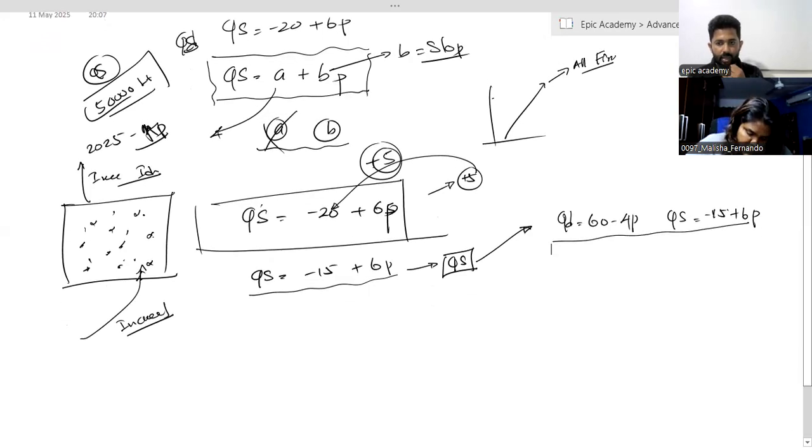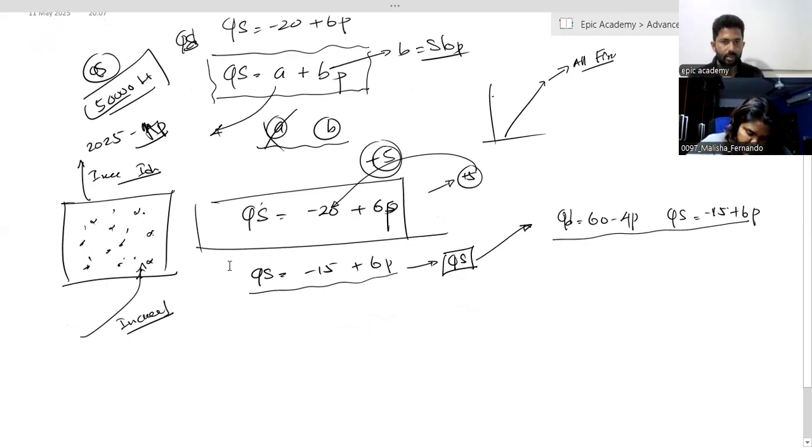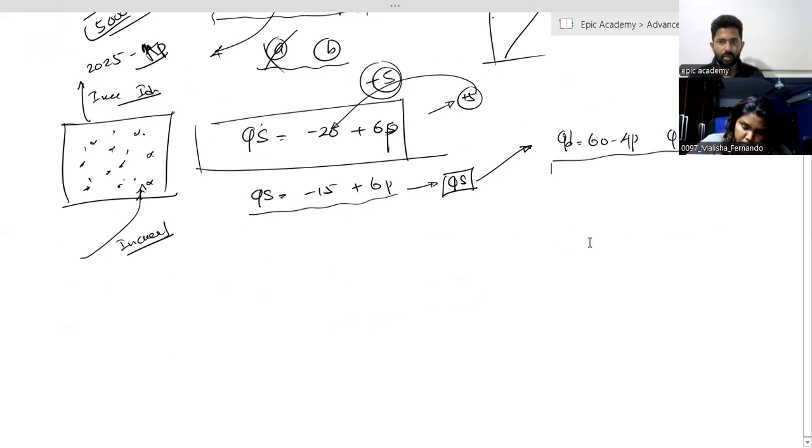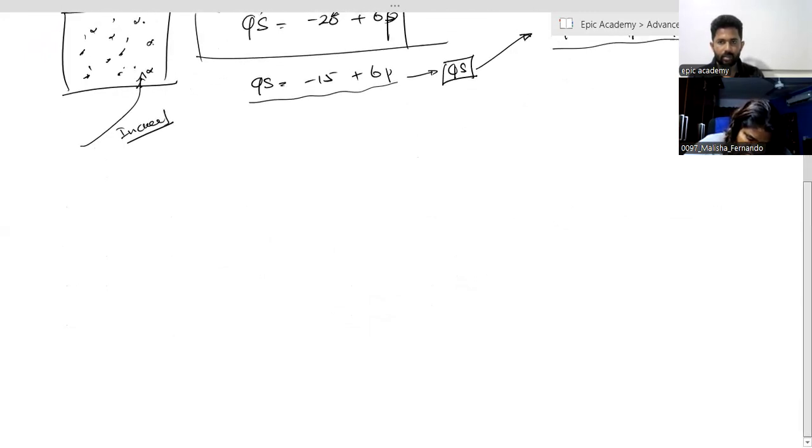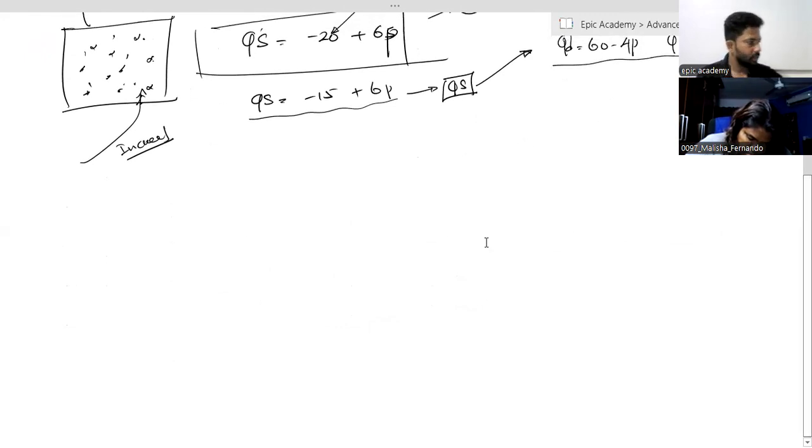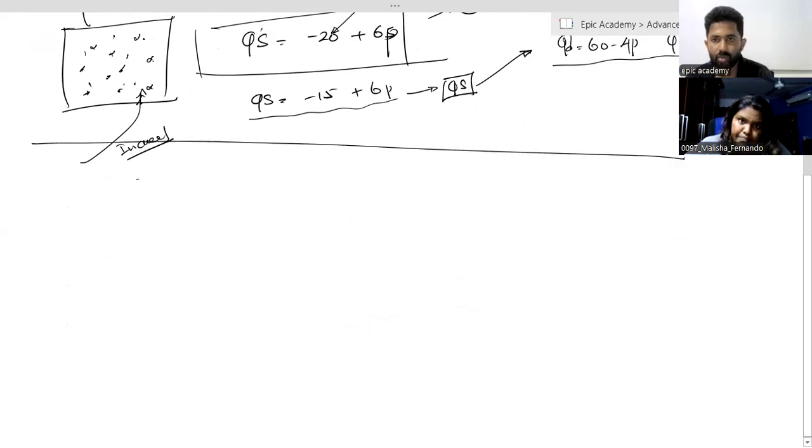Now we have to calculate the equilibrium position. I think you got the rationale behind the change of the QS curve, isn't it? Right.